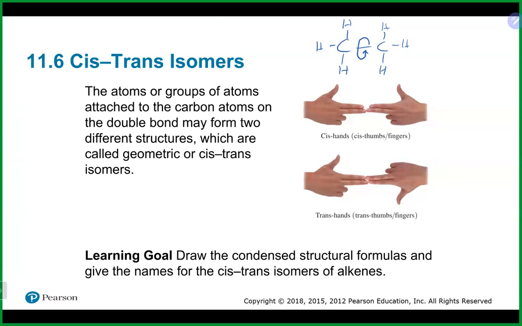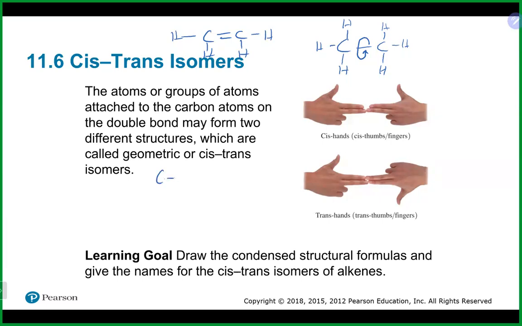But what happens when we lose those hydrogens and we drop in a double bond into that location, it really locks everybody into place, which means you lose the ability to freely rotate around the double bond. Otherwise, it's going to break if you try to do that. And what that does is it creates two types of isomers, which are known as cis and trans isomers.